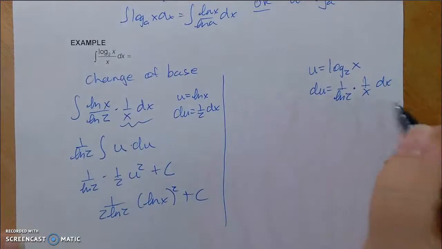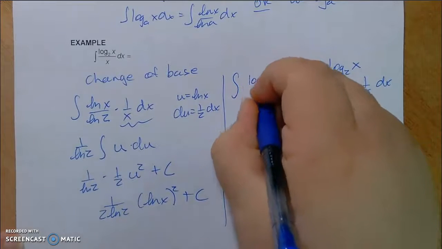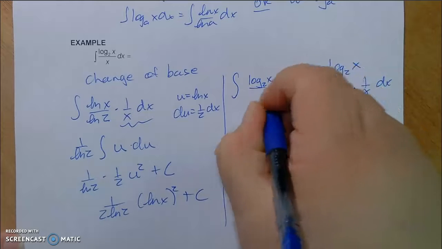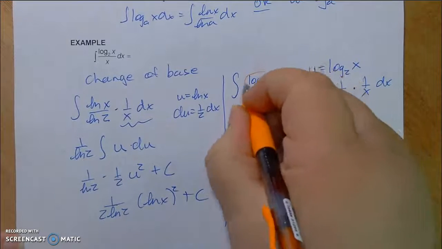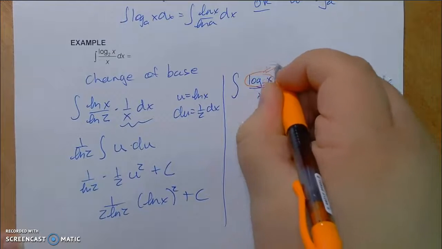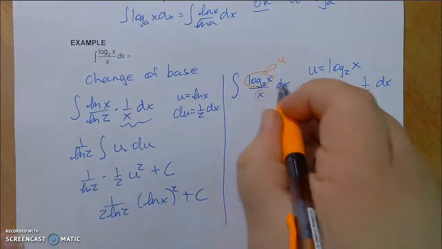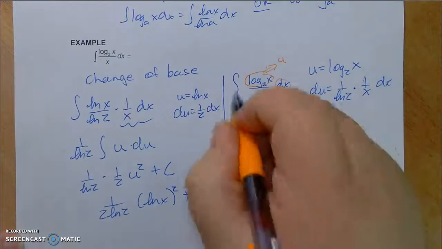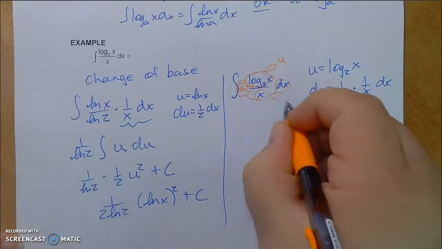Well, let's rewrite our function here. We have log base 2 of x over x dx. This is going to become u. 1 over x and dx, and I need a natural log of 2. These become du.